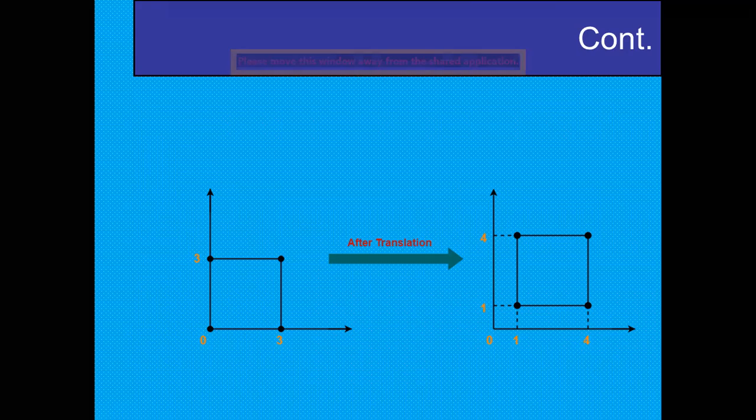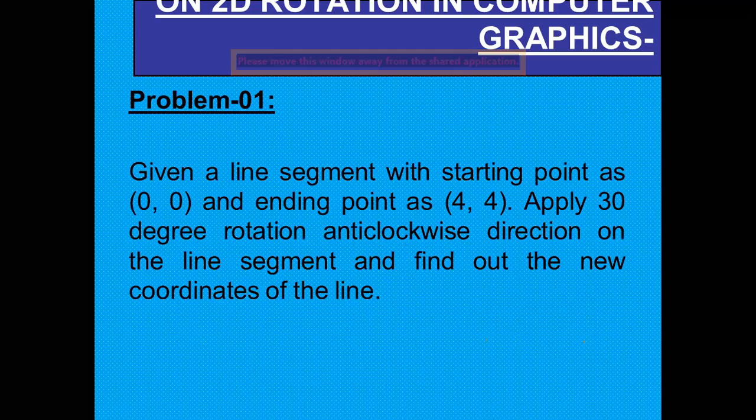So it proves that transformation just means there is a change. Change in terms of movement, in terms of rotation about the origin, in terms of increasing or decreasing the size. Now come to a new problem on 2D rotation.